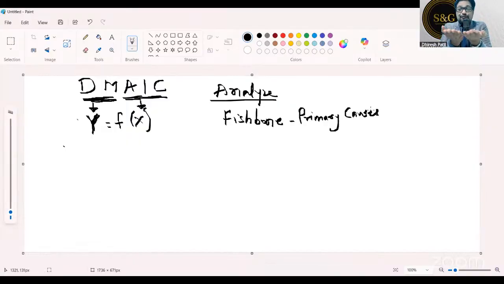Causes which are visible on the surface are called primary causes. So Fishbone gives us primary causes. After primary causes, we find out the root causes through root cause analysis, RCA, or Why-Why analysis, or 5 Why analysis. All are the same thing. Which is, we ask the question why.